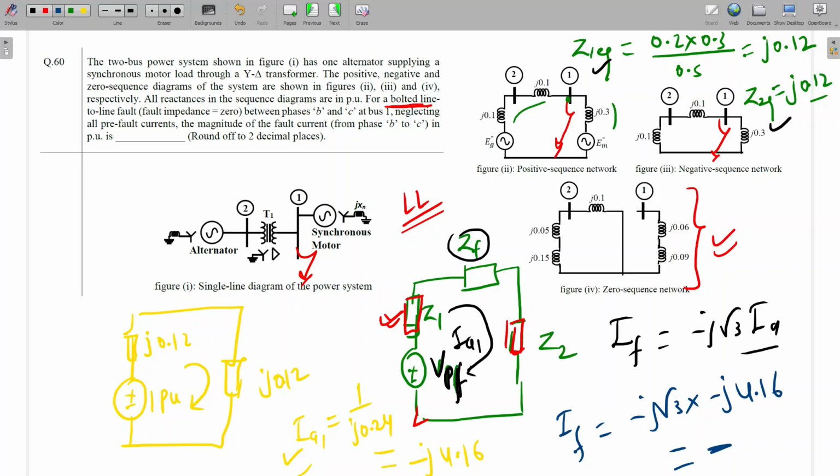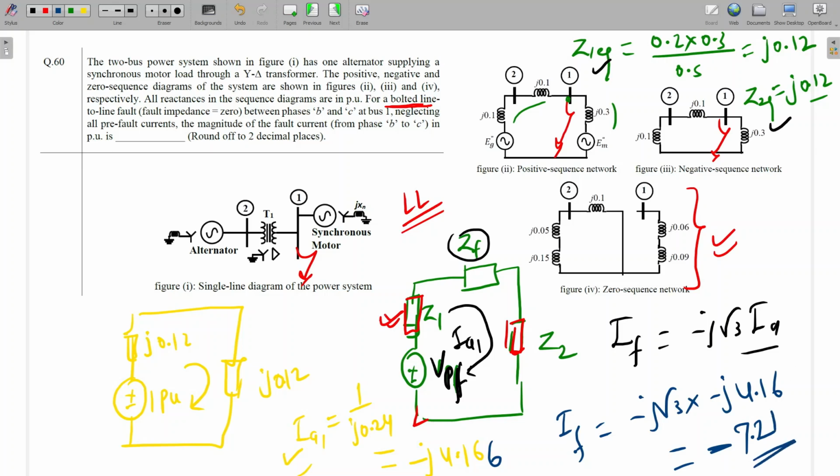Root 3 into 4.16, I am getting 7.2. So with 4.166 it will be 7.21, minus 7.21.